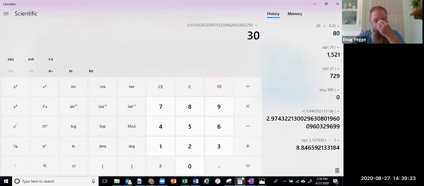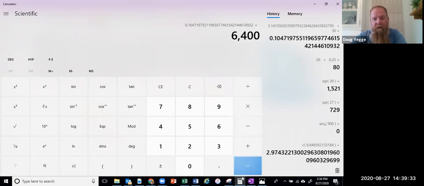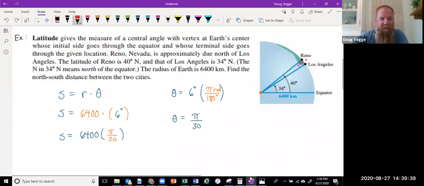Whenever possible, you should try to use the pi button instead of just 3.14. When I divide that by 30, I can now multiply by 6,400, and therefore my answer is 670. So S is approximately 670 kilometers.